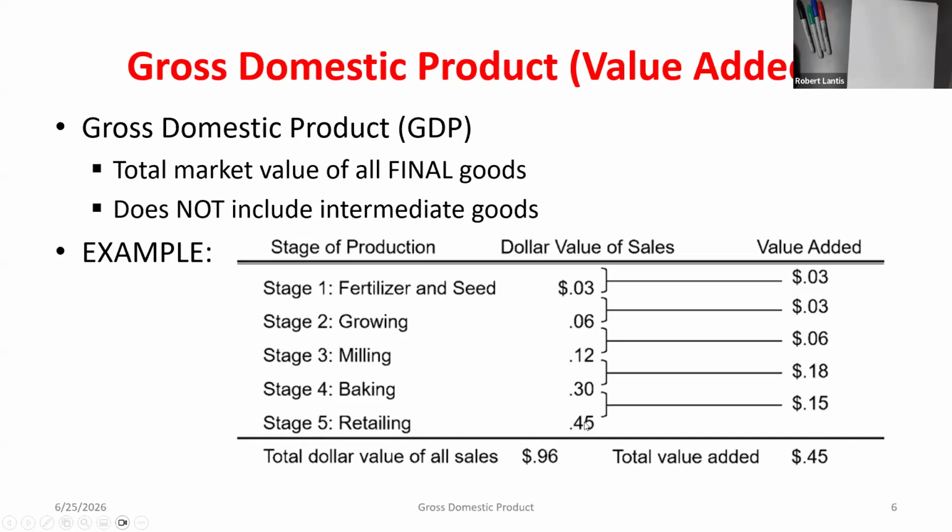Taking that final good, a quantity of 1, times that final price, that is the value that gets added into GDP. So we don't include intermediate goods, we only include the quantity times the price of the final good, okay?